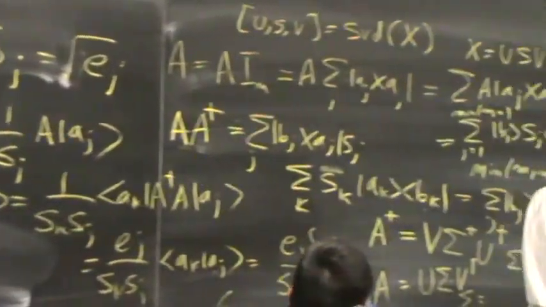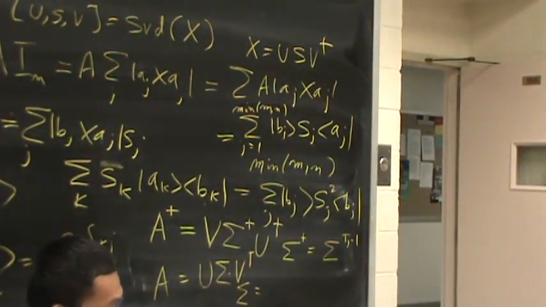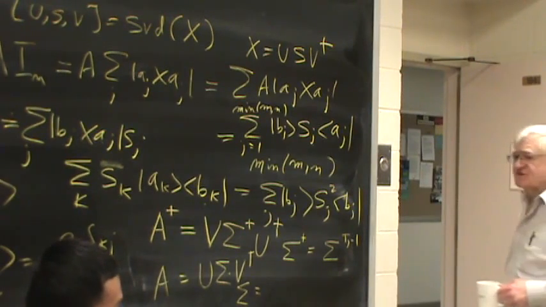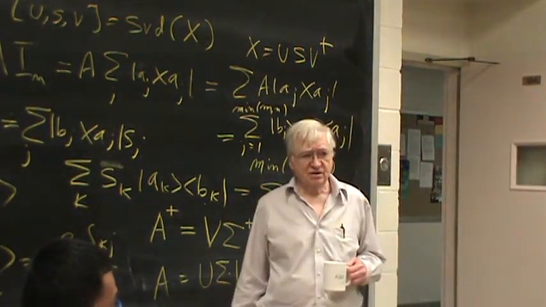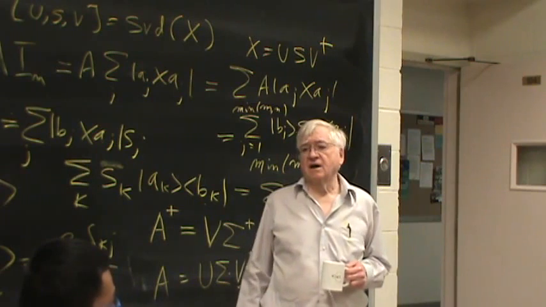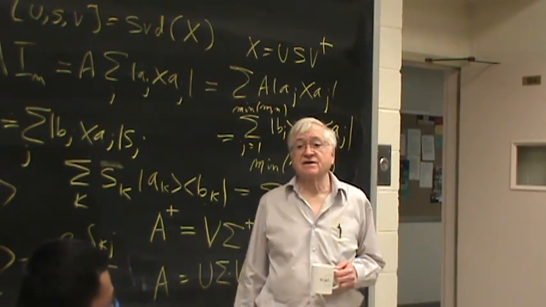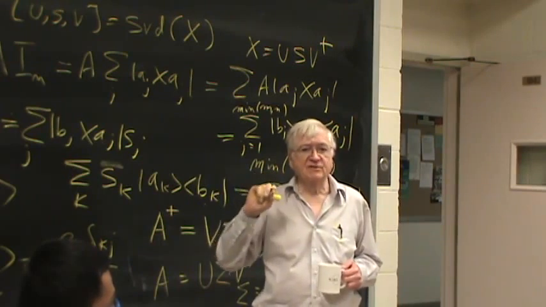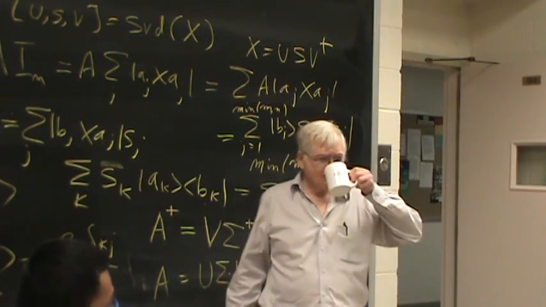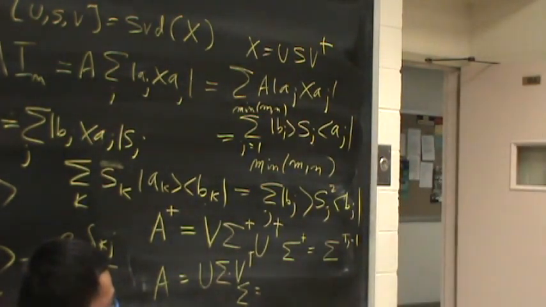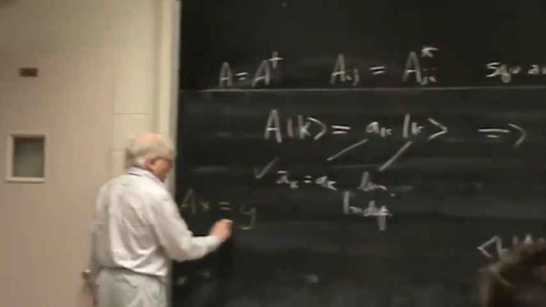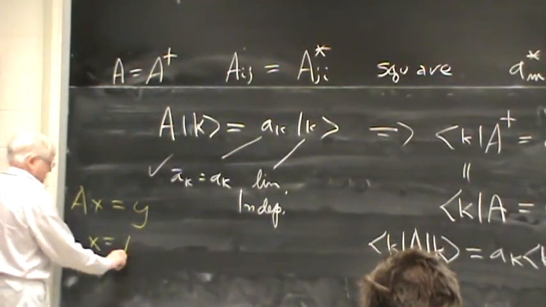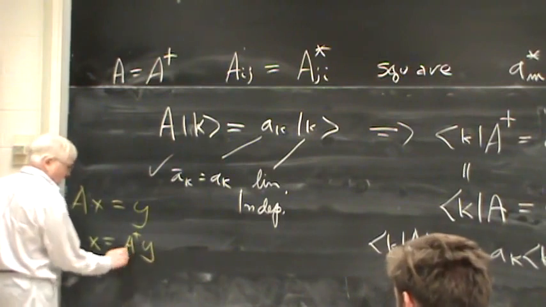So this is, as I said, the Moore-Penrose pseudo-inverse, and back when we did linear least squares, and I gave you Gauss's solution for the best estimate, it turns out that the expression is the Moore-Penrose pseudo-inverse. That's what was used. So if you have an equation Ax equals y, what you write is x is the Moore-Penrose pseudo-inverse times y.